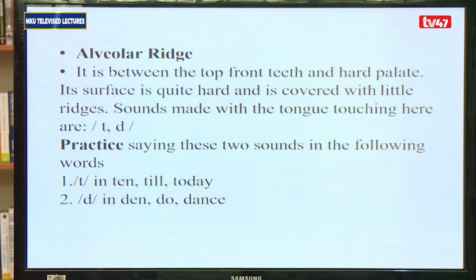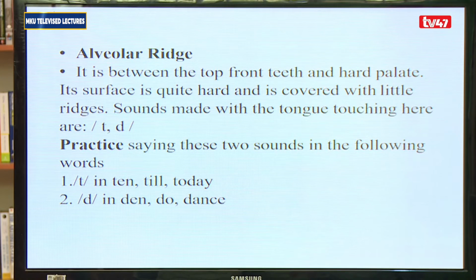There's a little exercise here where we try practicing the two sounds so that we can identify the alveolar ridge. For the first sound, t, we have the words ten, till, today.